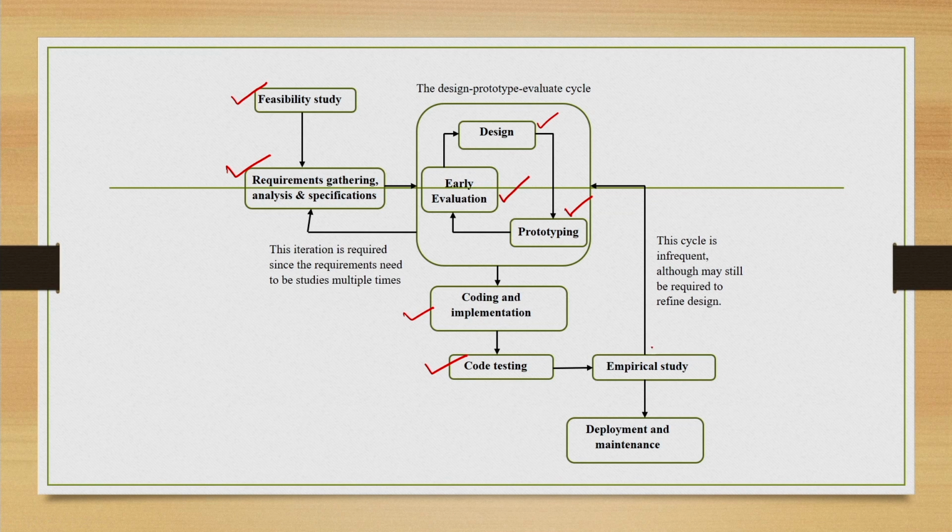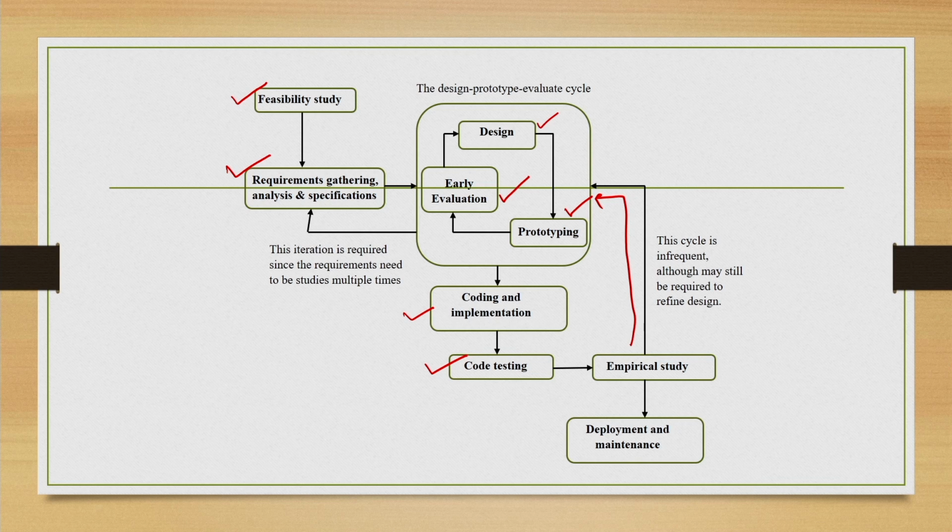Now, in the empirical study we may find some problems, that is quite likely. So, we may need to go back to this iterative cycle again, where we refine the design, then prototype, then go for early evaluation, and this cycle is repeated till we are satisfied to some extent and come out of the cycle.